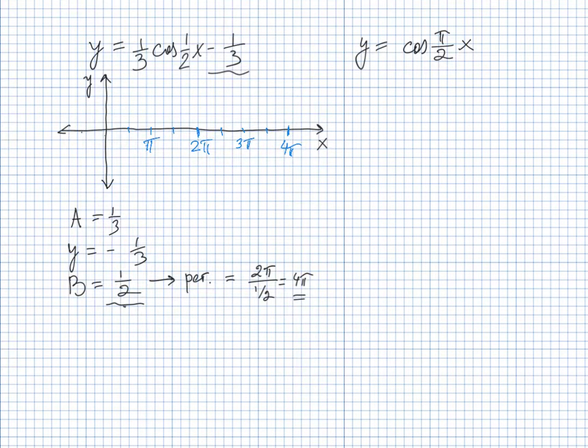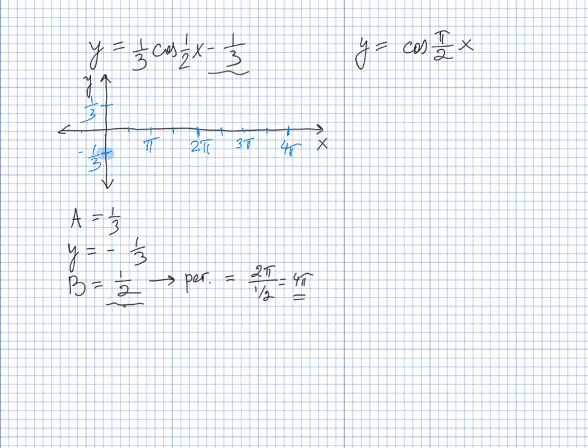And then I cannot, because I need to go from -1/3 up and down, and I don't have room, so I'm going to change it. So this will be my -1/3, and this is positive 1/3.